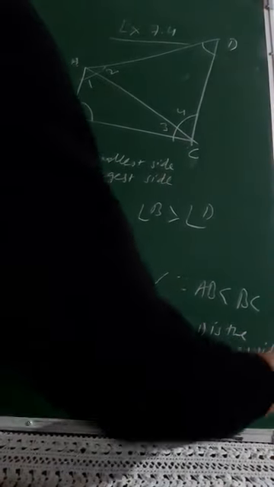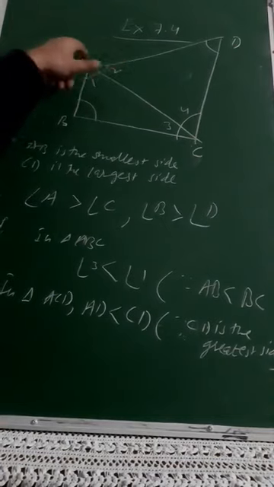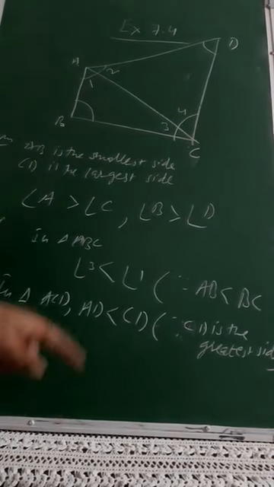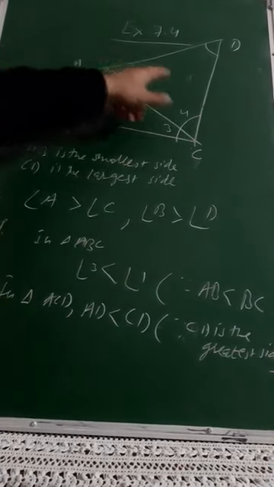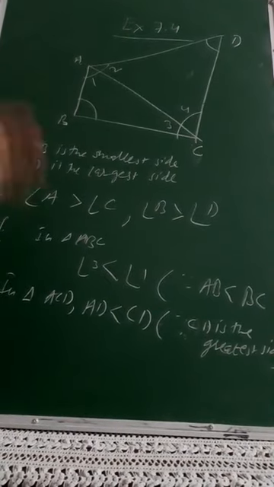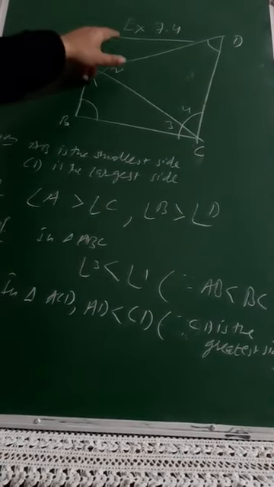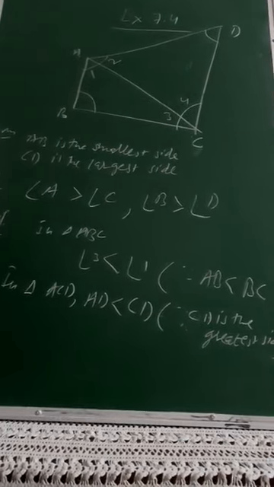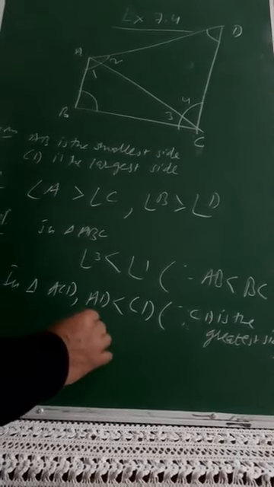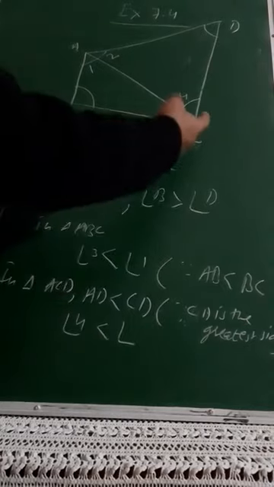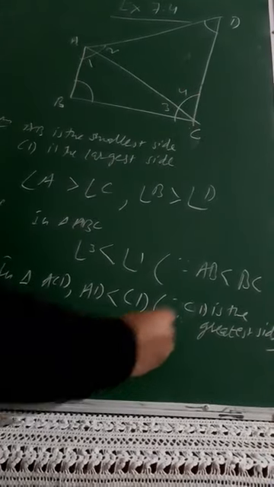So if I am studying this triangle and I compare AD and CD, so definitely my AD will be less than that of CD. So if AD is less than that of CD, so opposite to AD, the angle is 4. So that means angle 4 will be less than that of opposite to C. Here the angle is 2.